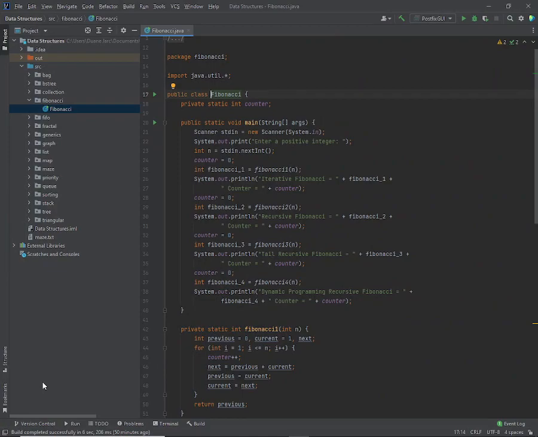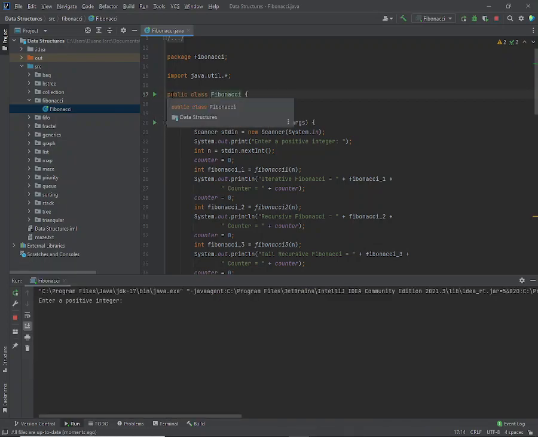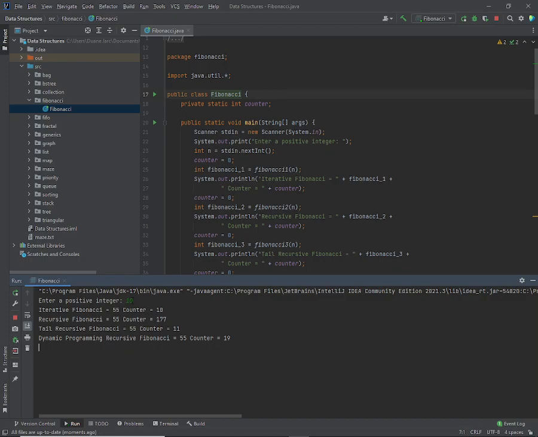So now let's run this program and look at the relative behavior of the various versions. Let's enter 10 for example. What's important to notice here is that in every case we got the same result, which was 55. However, the counters were very different.